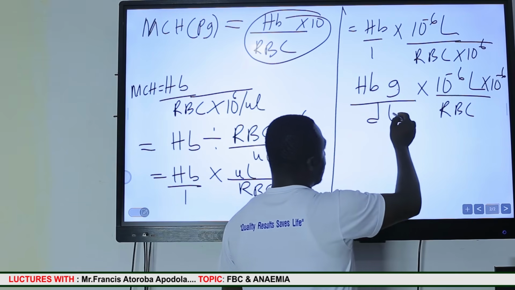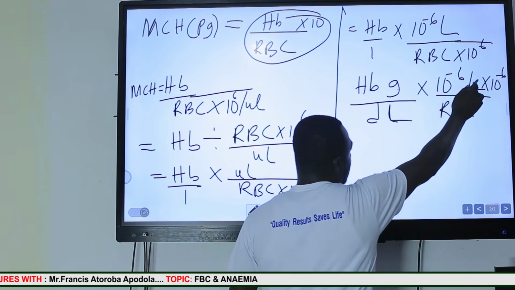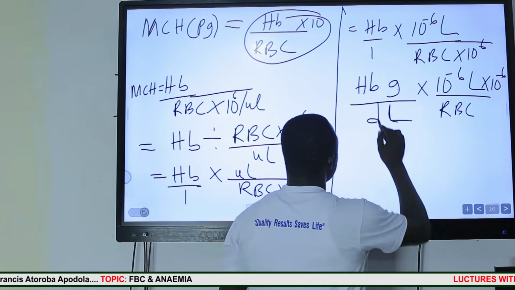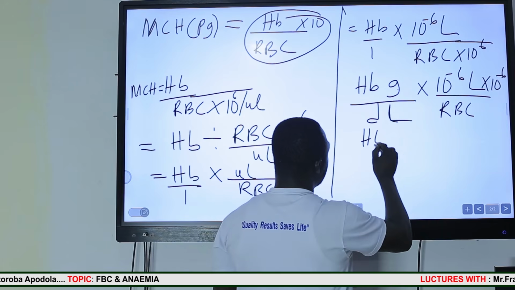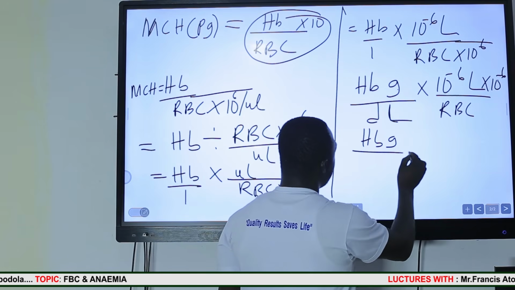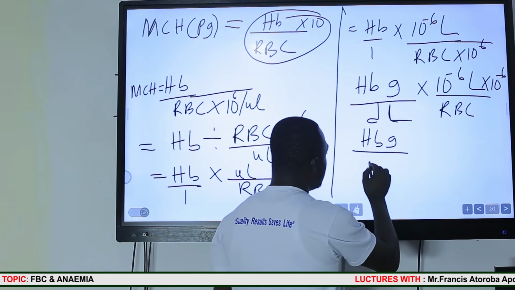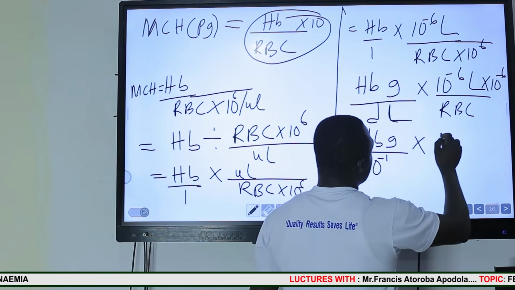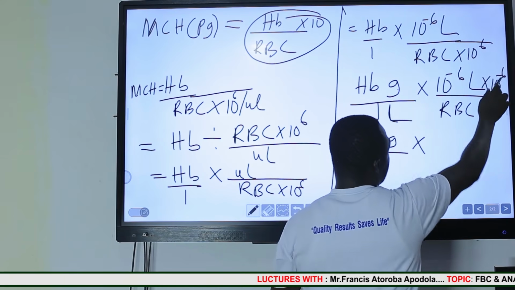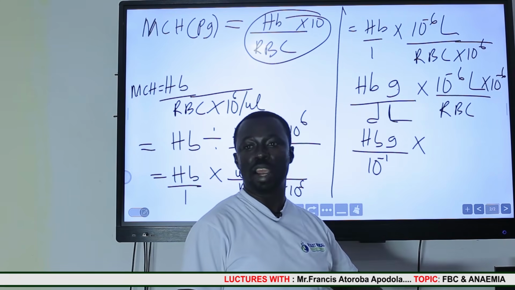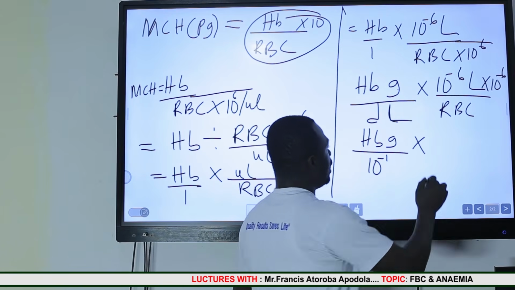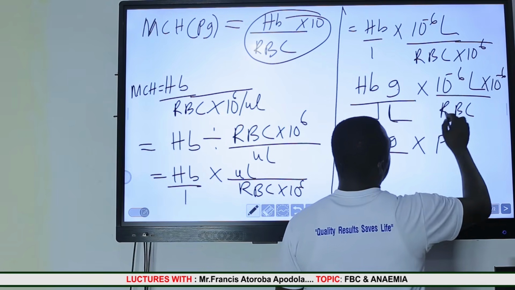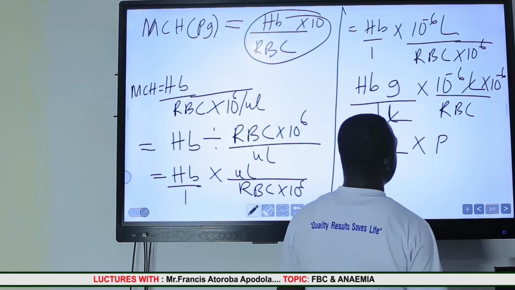So this will give me, you see this liter and this liter, they will cancel because the formula does not have liter inside it. So I will now get HB in grams divided by deci. Deci means 10 to the power minus 1, times 10 to the power minus 6 times 10 to the power minus 6 will give you 10 to the power minus 12. And that alone is equal to pico. And this liter has already cancelled with this liter.